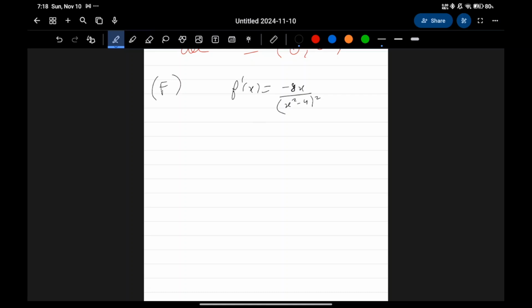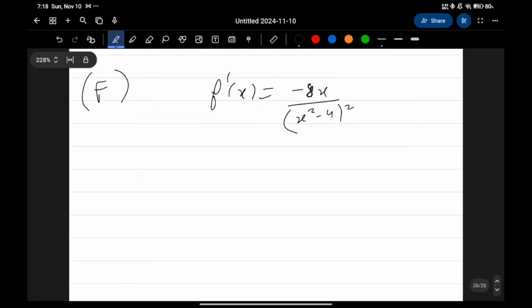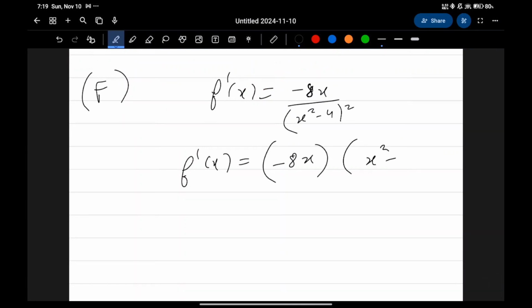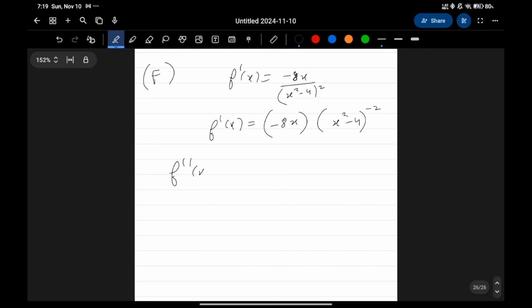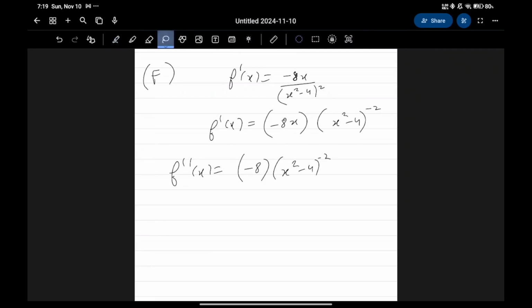We can also take it like this: f'(x) equals negative 8x times (x squared minus 4) to the power negative 2. Exactly the same thing. Now we can use the product rule. But actually this would make it more messy. Never mind, but we can technically do it that way.